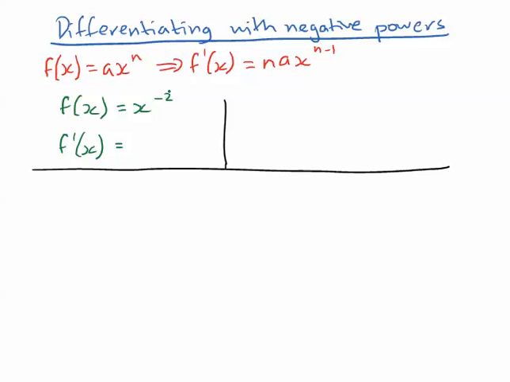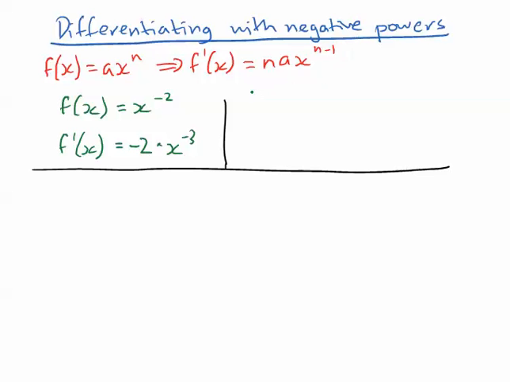So when we multiply by the n that comes down in front, it's negative 2 rather than 2. And then we've still got times x, and when we reduce the power by 1, we get minus 2 minus 1. So we're going to get minus 3 as the power.